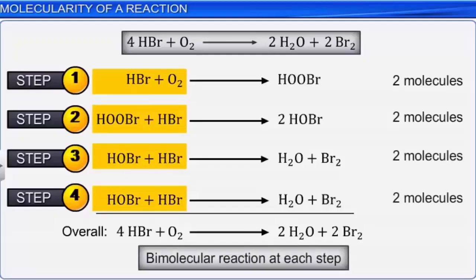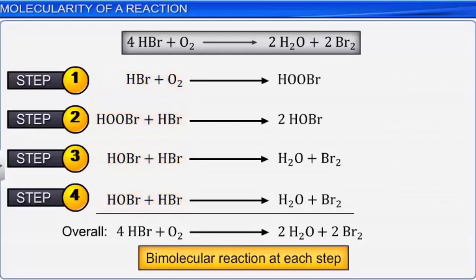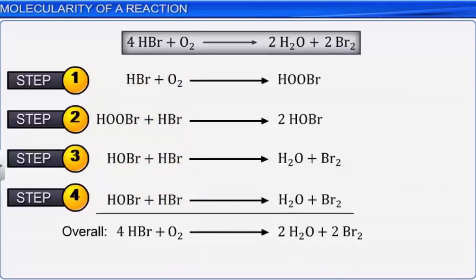That is, the reaction is bimolecular. Hence, when a reaction involves more than one step, its molecularity depends on the elementary steps. From this, we can conclude that complex reactions involving more than 3 molecules generally occur in more than one step.